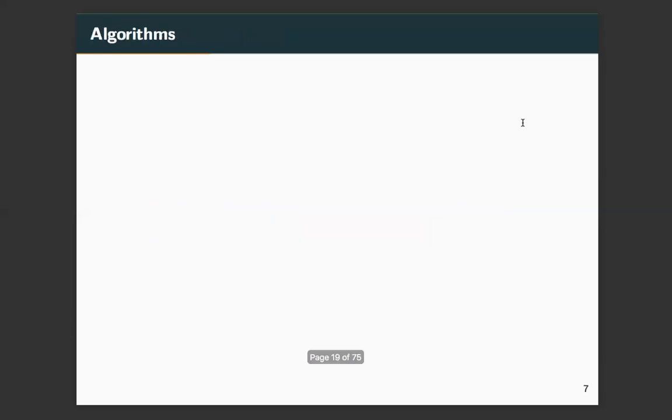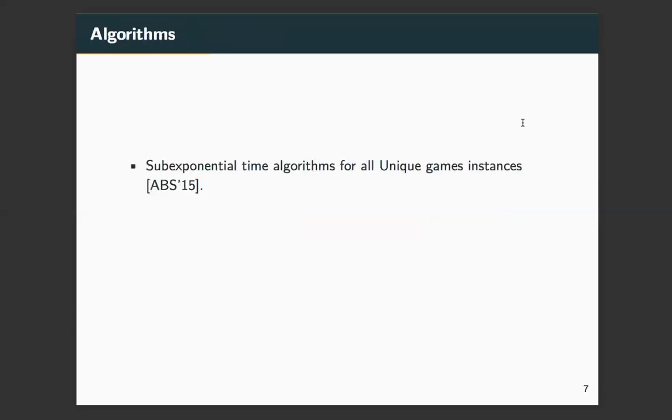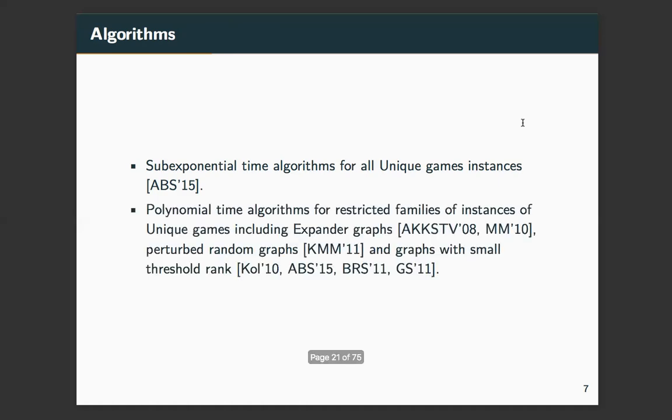So now let's see what's known on the algorithm side. It is known that all unique games instances have sub-exponential time algorithms. That is, the unique games problem with parameters 1 minus epsilon and epsilon can be solved in time 2 to the n to the poly epsilon. Furthermore, better results are known for restricted families of instances of unique games.